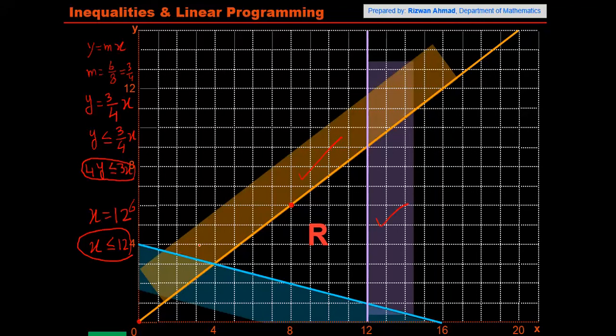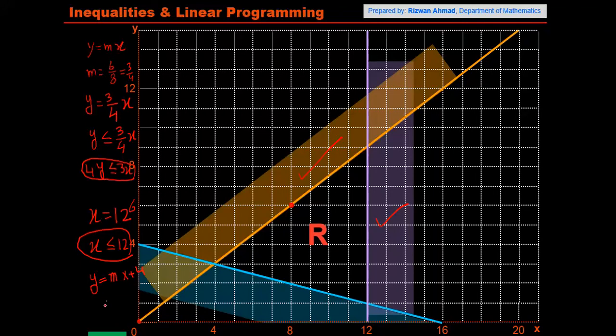Now third one is this blue one. It is having a y-intercept 4. So we can say that it will be of this structure: y is equal to mx plus 4. And what is m? M will be negative because it is a declining line, so negative 4 over 16.